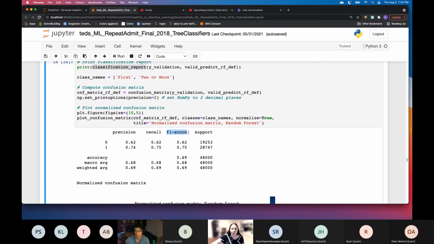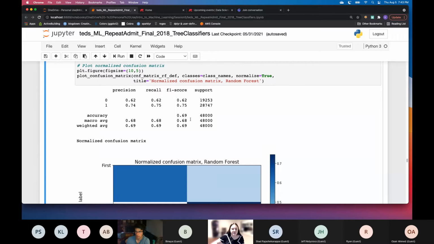F1 score is usually what I focus on because it's basically an average between precision and recall, meaning it's finding the balance between false positives and false negatives. So it's finding that ideal middle if it has a high F score.